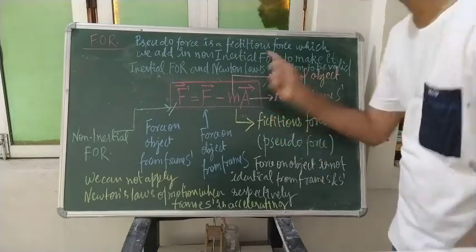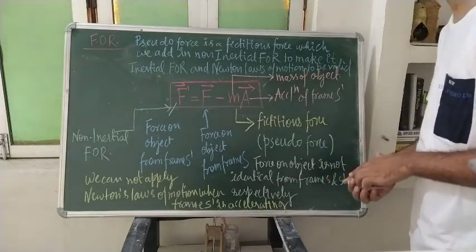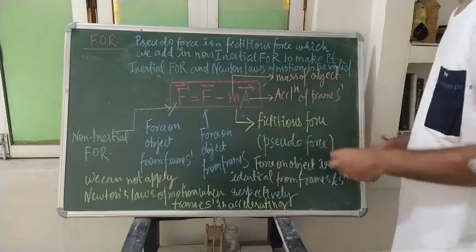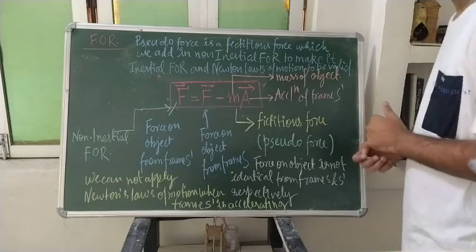It is our non-inertial frame of reference, and that non-inertial frame of reference we can make an inertial frame of reference only when we are adding a pseudo force on it.